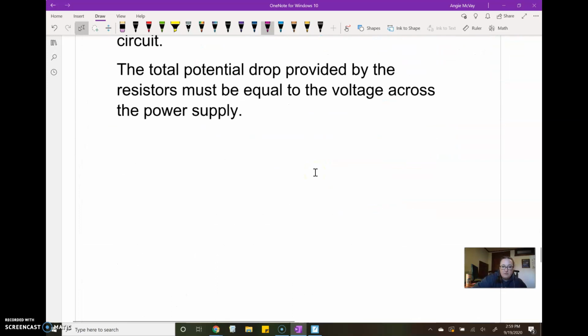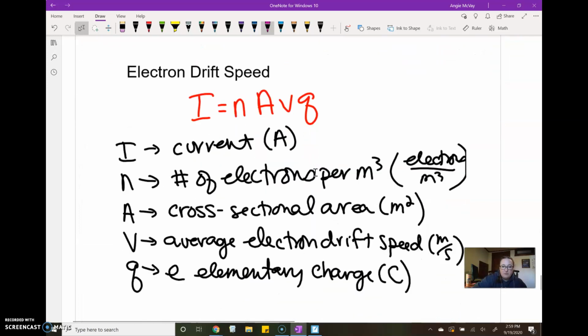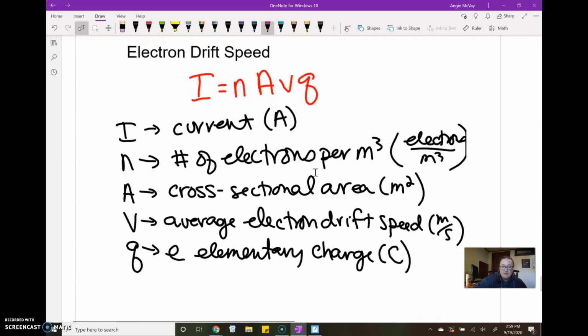All right, so we already talked about potential drops. I need to mention an idea called electron drift speed, because you might be thinking, well, after the electrons go through the last light bulb or the last resistor in our circuits, they've got 0 energy, right? So do they stop? Why are we even seeing current in the circuit after the electrons go through the last light bulb or resistor?